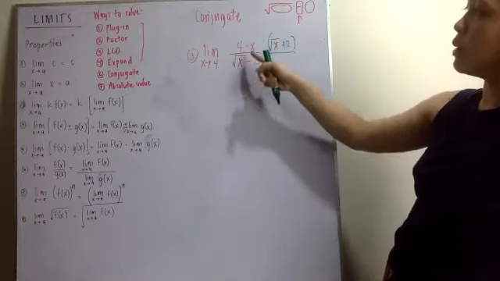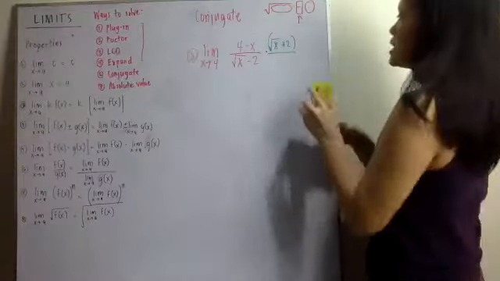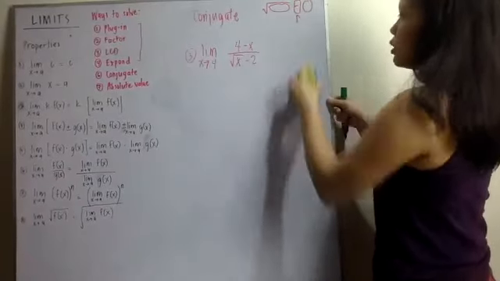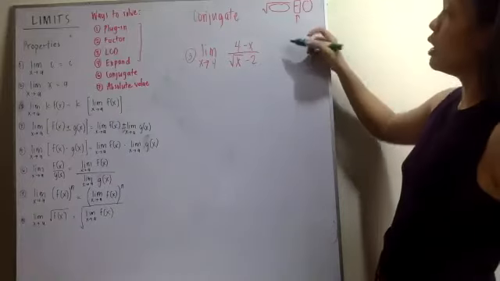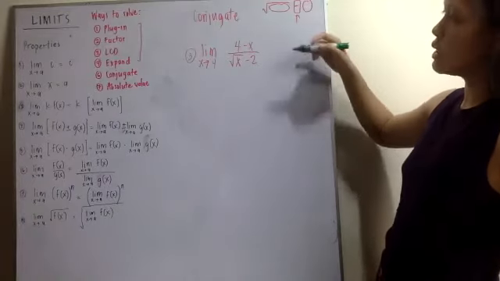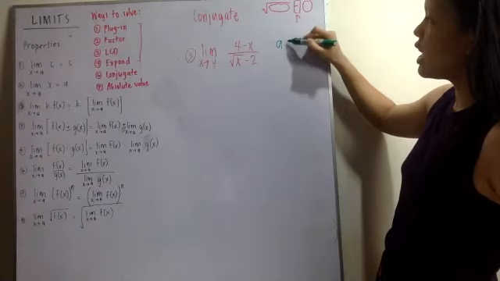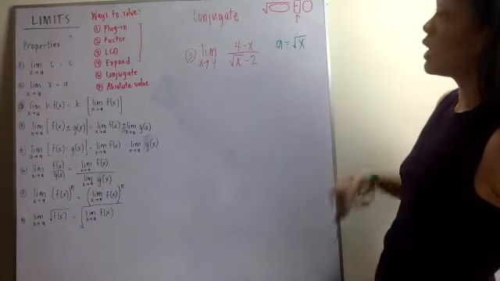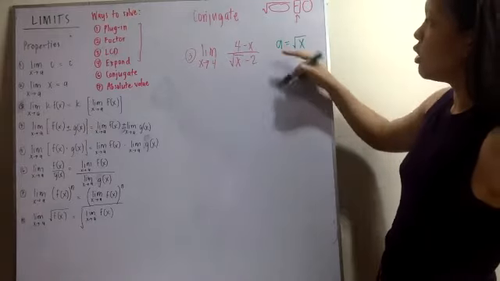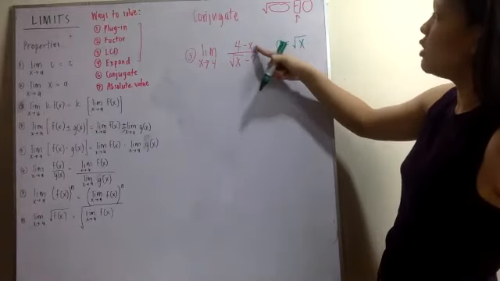If ganito ka-simple, mapapansin mo actually, you can treat itong square root of x as a single variable. So, for those na nako-confused, mag-substitute tayo. Let's say a is equal to square root of x. Okay? So, if i-substitute natin yung a dito, ano yung x?